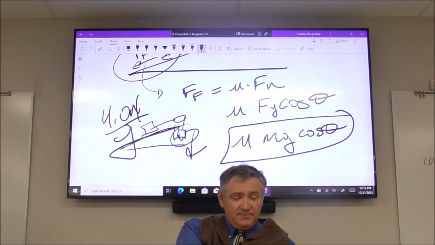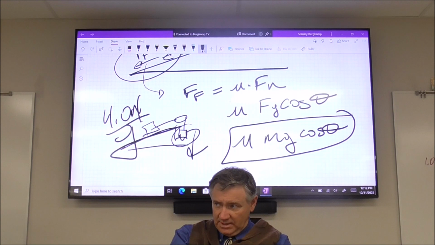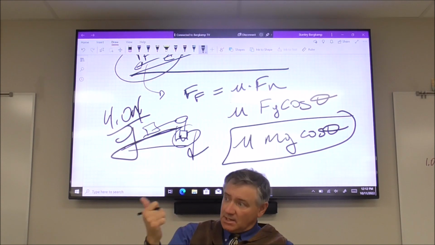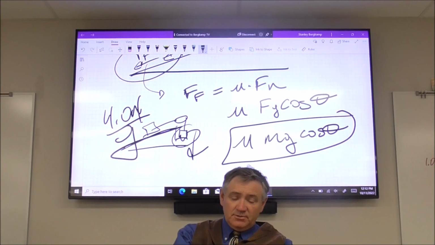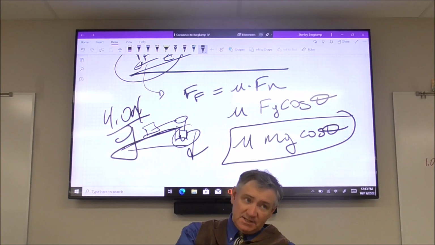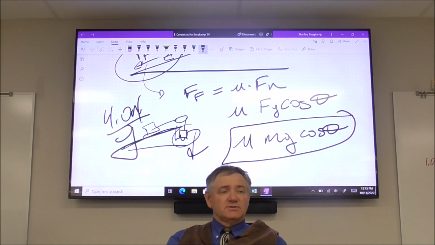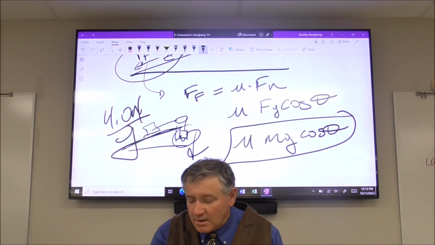Because on number 3, you're letting this thing go down the hill, so friction is acting up the hill. So on number 2 and number 1, you're pushing it up the hill, friction is acting down the hill. On number 3, it's going down the hill, so friction is acting up the hill. So your answer to number 3 is going to be less than your answer to number 2.